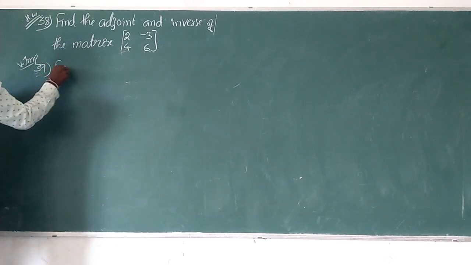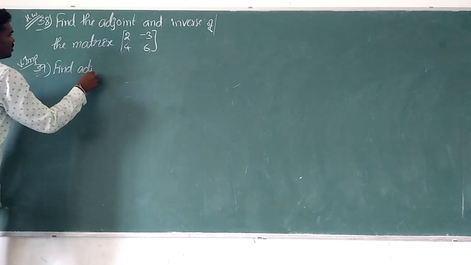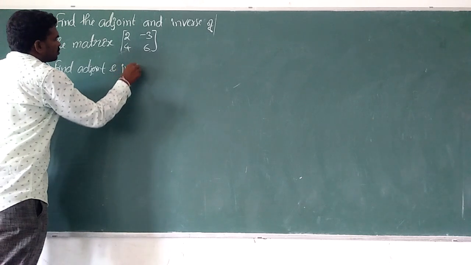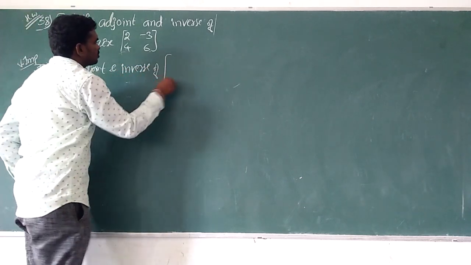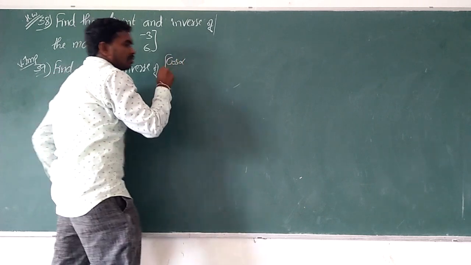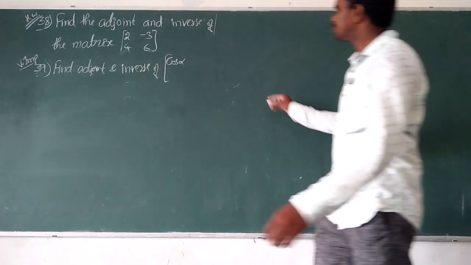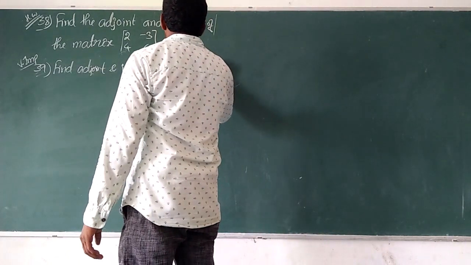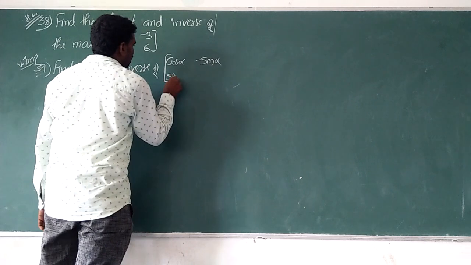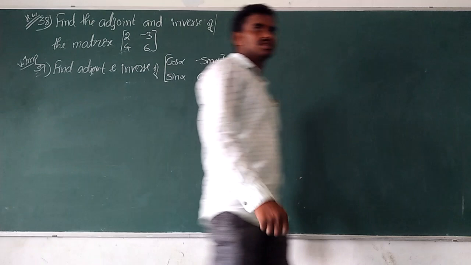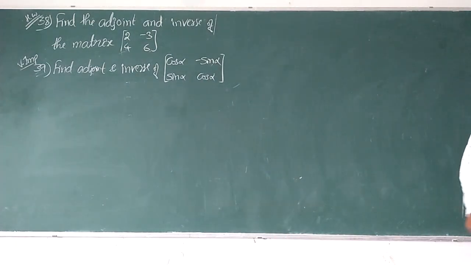Find the adjoint and inverse of the matrix cos alpha, minus sin alpha; sin alpha, cos alpha.